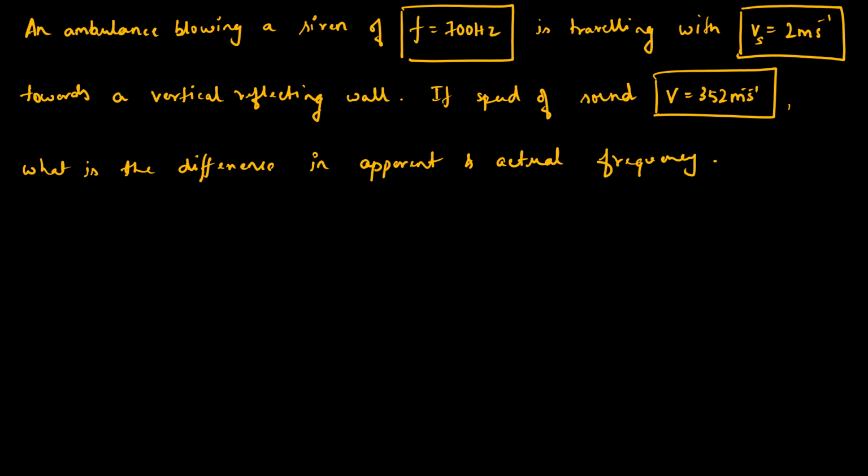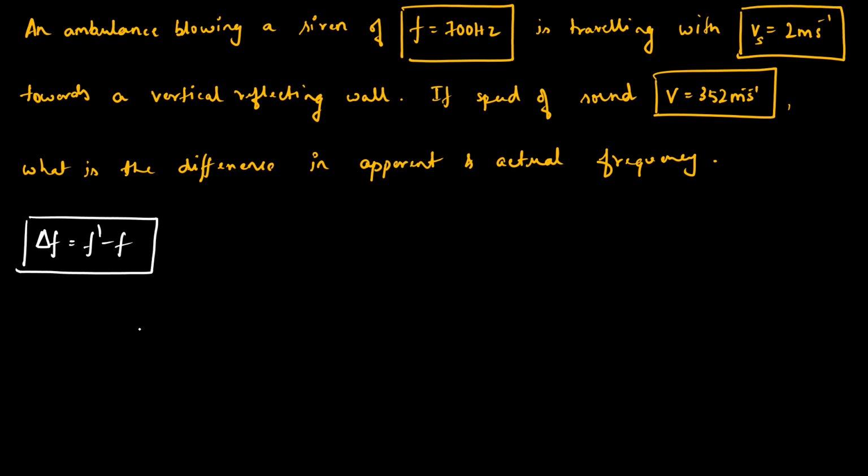I hope you have understood. Now I will start taking up the solution. So basically, I have to find out the difference, delta F, that is F dash minus F. The difference between the apparent frequency and the actual frequency is what I have to find out.